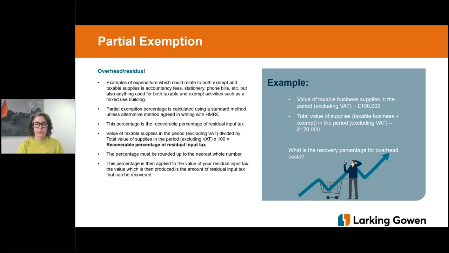So what we're going to do under the standard method is take the value of our taxable supplies in that VAT return period. So remember, that's your income that is subject to 20%, 5% or 0%, and divide that value by the total value of supplies in the period. And that is going to give you a percentage then that you can apply to your residual mixed use VAT on costs.